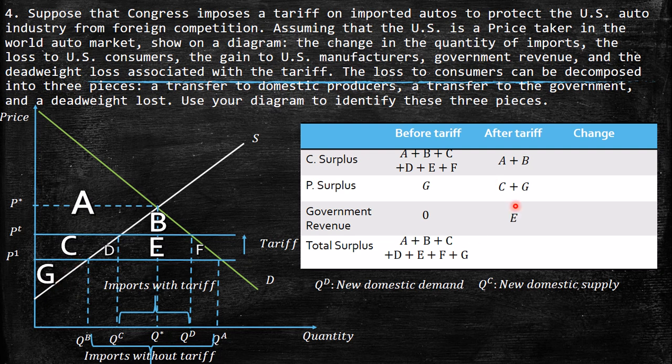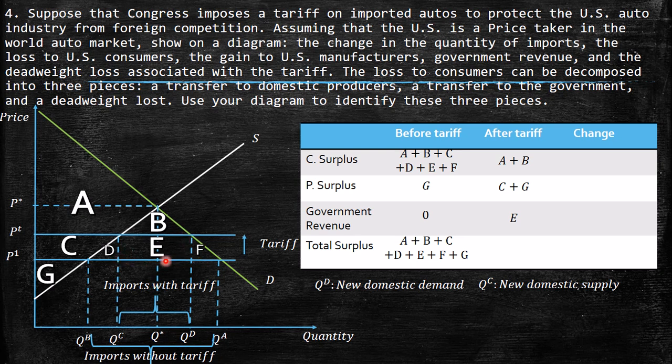What about the government revenue? Remember, we can represent this intuitively, because this is the import with tariff. All these autos that enter the US market are going to be taxed.